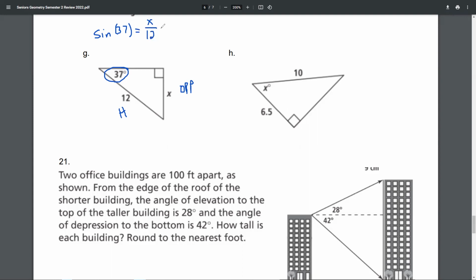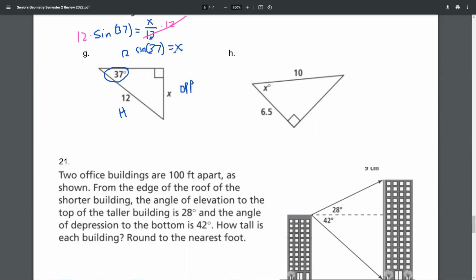We can then multiply both sides by 12. And that cancels. And we're left with 12 sine 37 equals x.